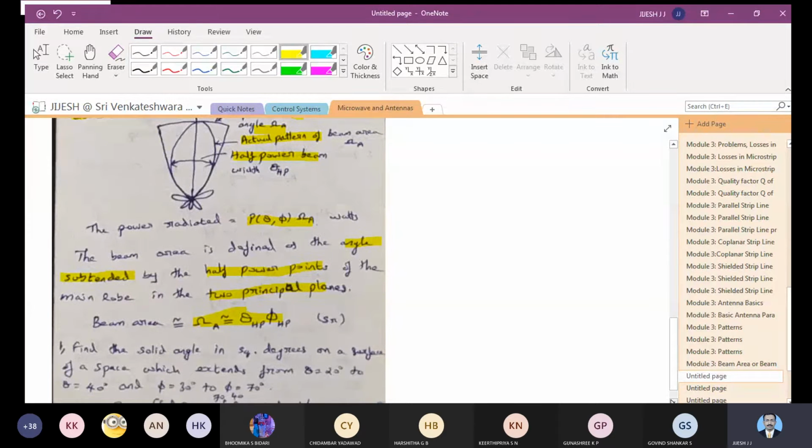Those who have completed, you can just note down this problem. Find the solid angle in square degrees on a surface of a sphere which extends from theta equal to 20 degrees to theta equal to 40 degrees, and phi ranges from 30 degrees to 70 degrees.